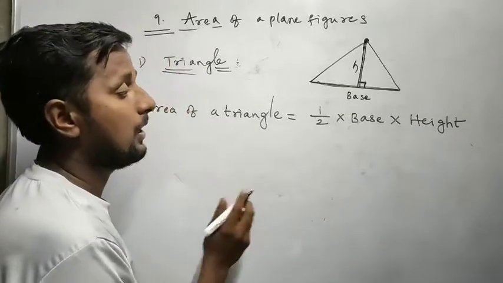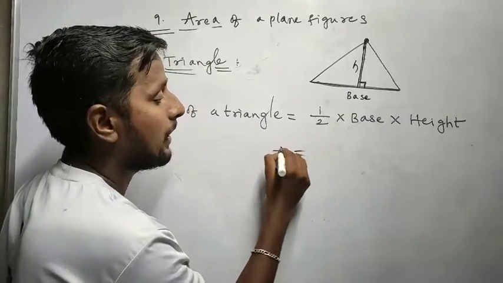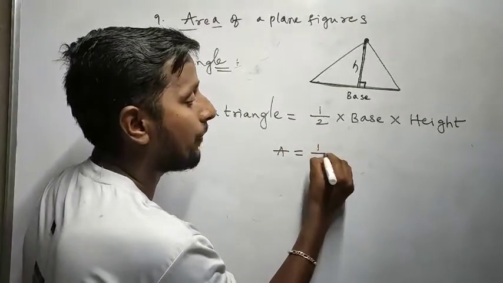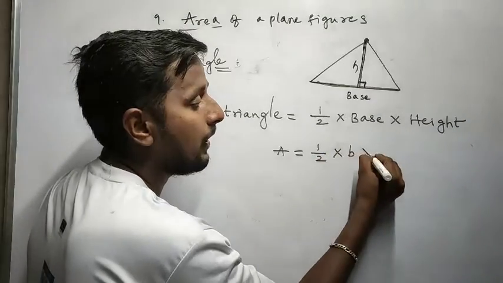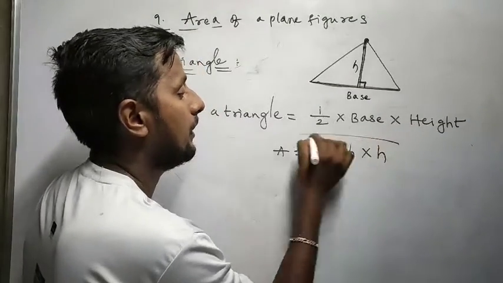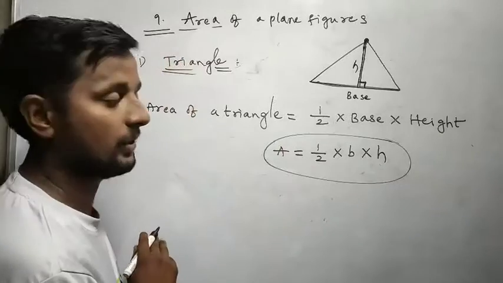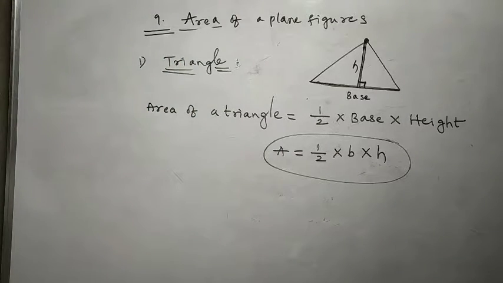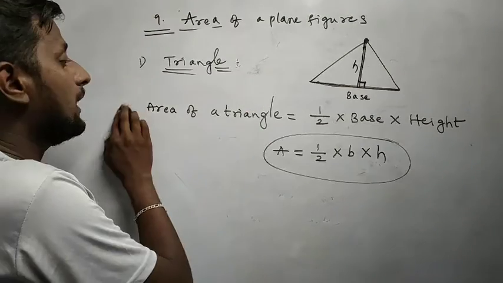If you make it short, area of a triangle formula is half into base b, into height h. So area of a triangle formula is half into base into height, half into b into h. Okay, it is the area of a triangle. It's our first shape.